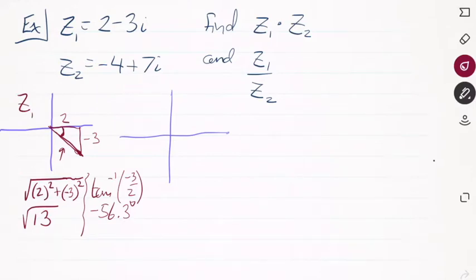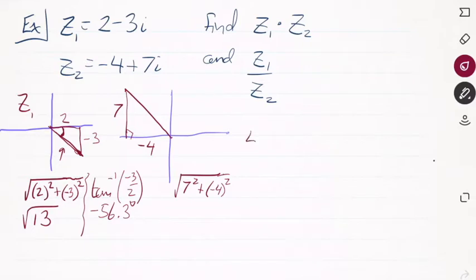So this is all about z1. z2 is negative 4 plus 7i. So that puts us in the second quadrant. This is negative 4, this is 7. We're looking for the modulus first. So that would be the square root of 7 squared plus negative 4 squared. Order doesn't matter, so that's 49 plus 16.